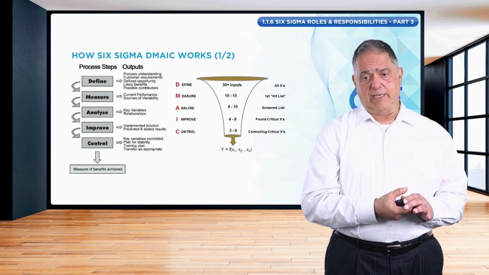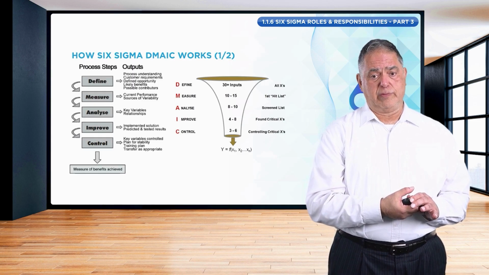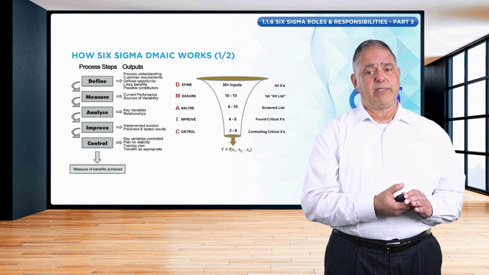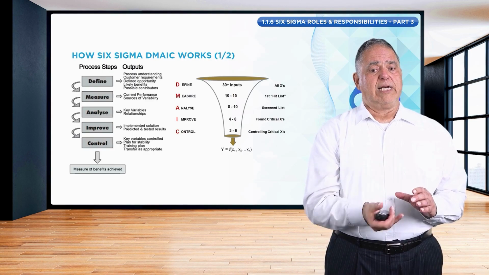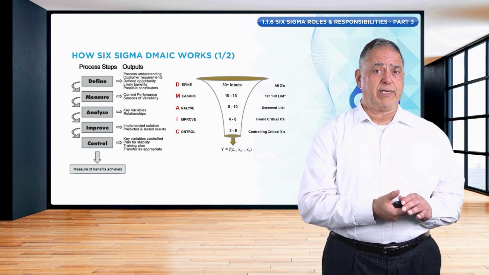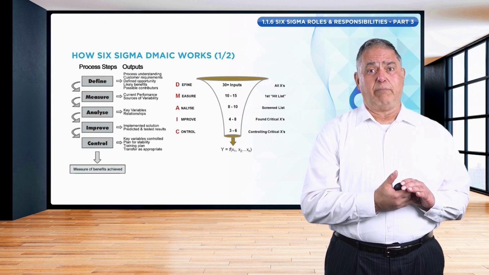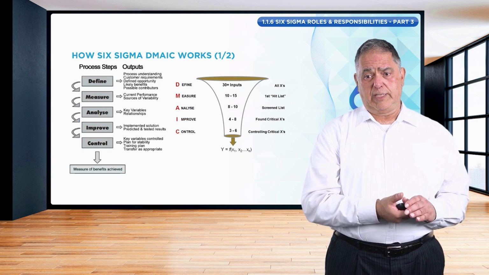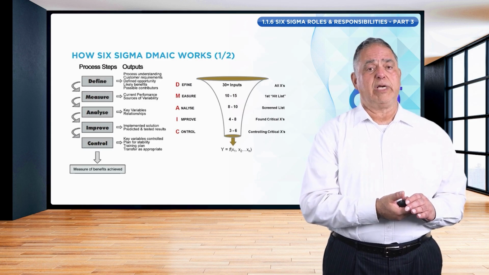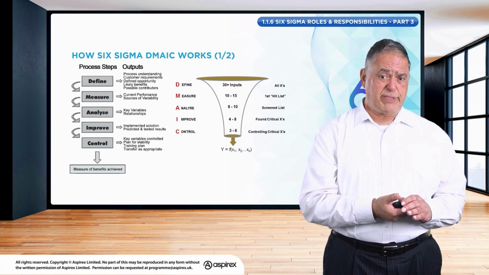And gradually, as we move through the DMAIC stages, we see that during the control phase, we typically have determined that there is a small number of critical X's. And by monitoring these critical X's, we have the desirable effects in the process output.